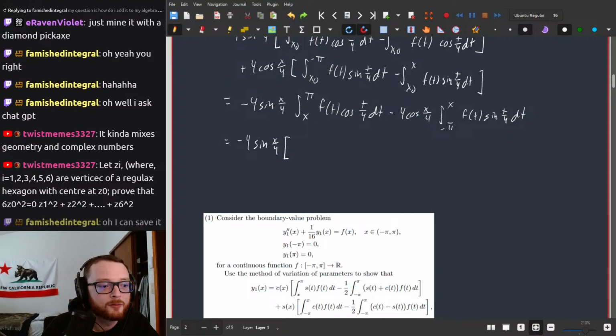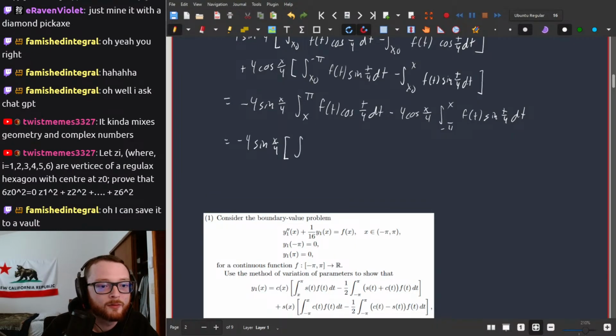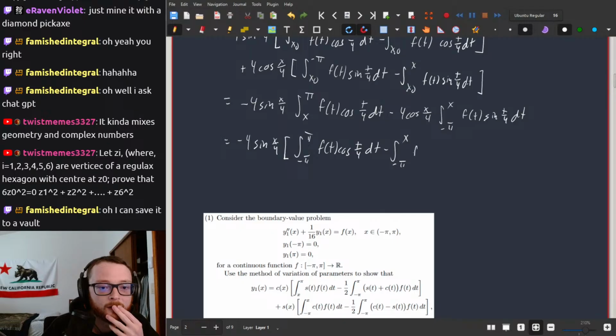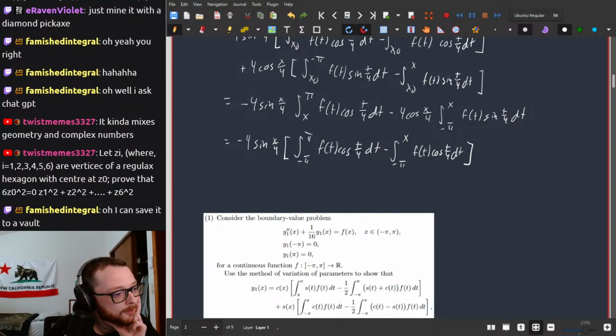This integral is equal to the integral from minus pi to pi of t cosine t over 4 dt, minus the integral from minus pi to x of t cosine t over 4 dt. Aha! This is looking more like it.